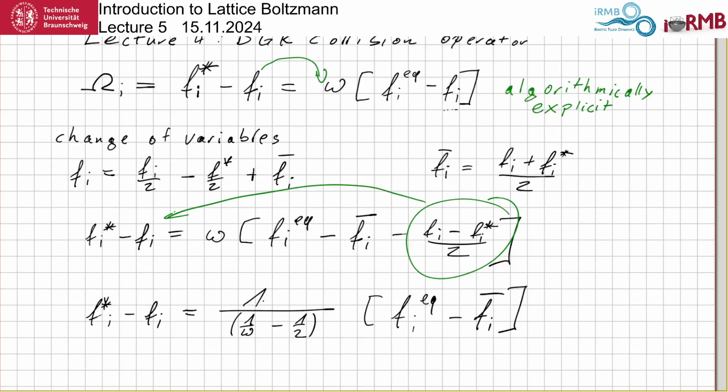Now this is the actual BGK equation with this prefactor being the actual 1 over tau. So tau becomes 1 over omega minus 1/2.